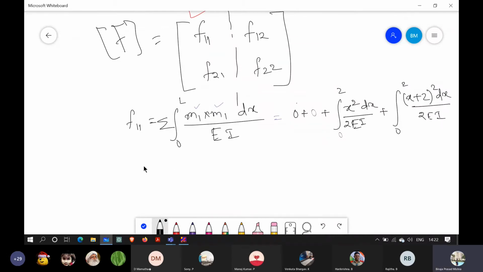Okay, so again if you solve this one, you will find F11 equals 10.667 by EI.